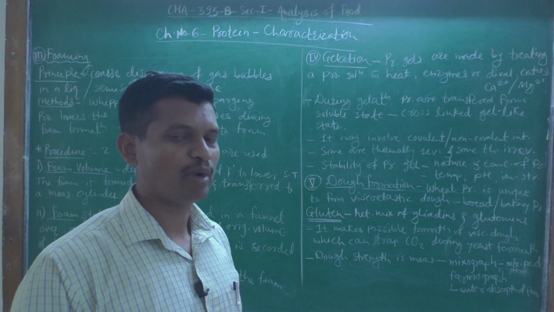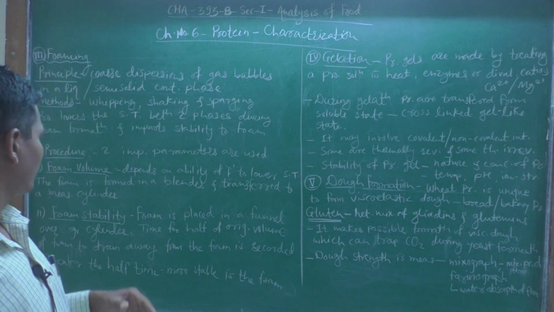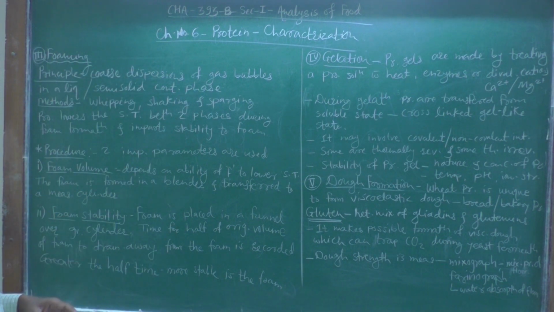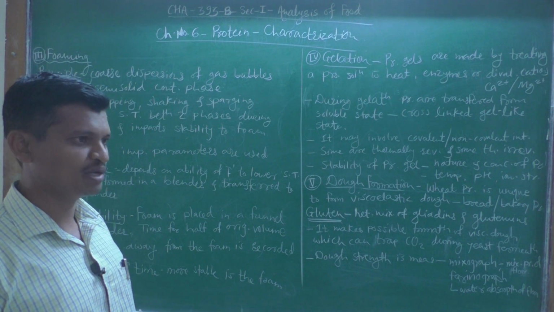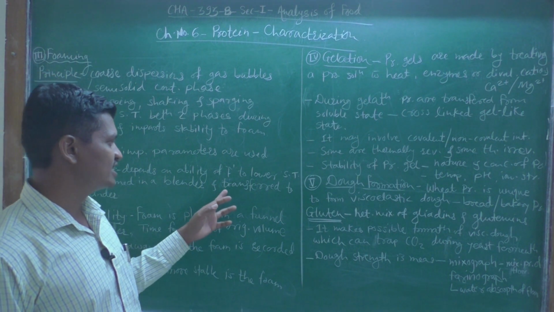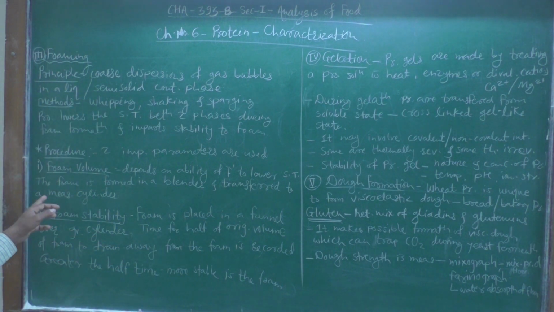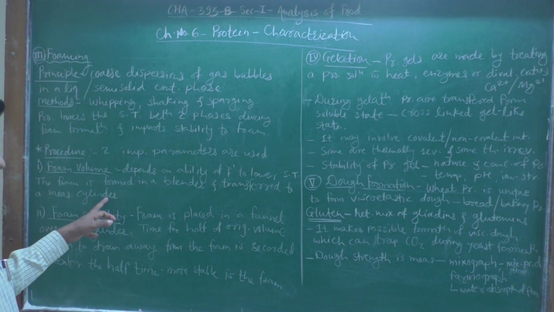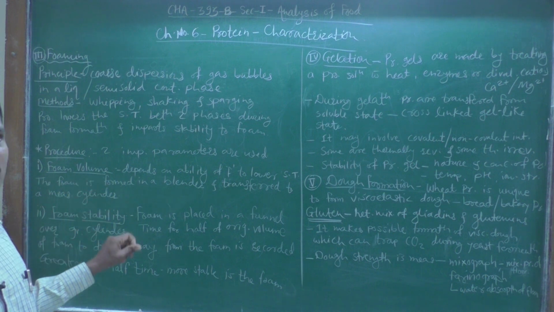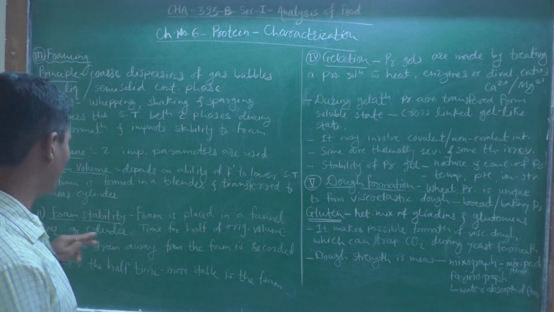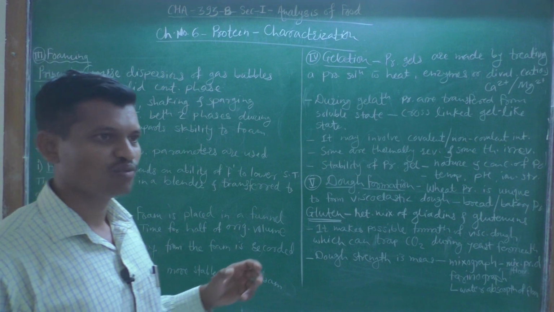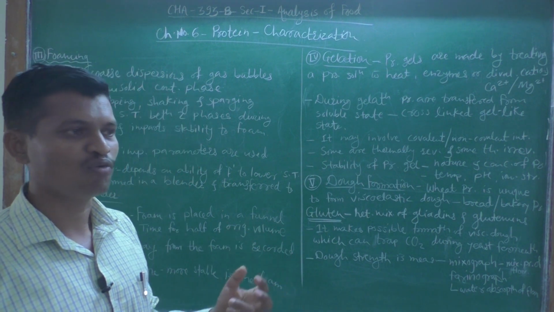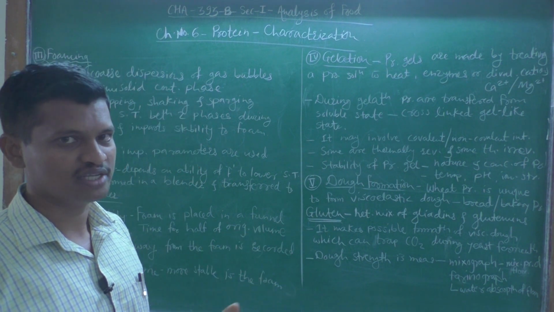The foam is generally formed in a blender, and it is transferred to a measuring cylinder, from which we can measure the volume of the foam. The measuring cylinder has markings, and from that we can measure the volume of foam in milliliters or liters.